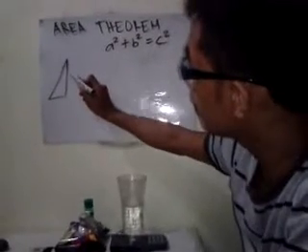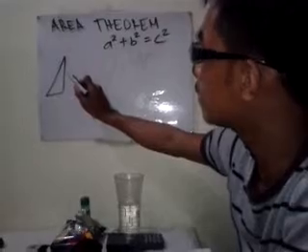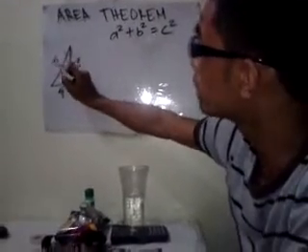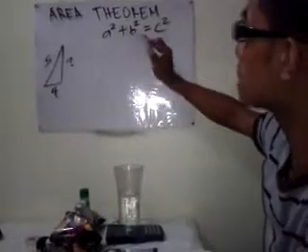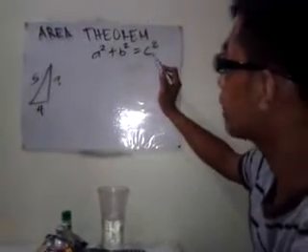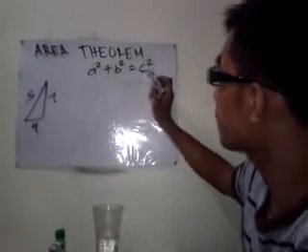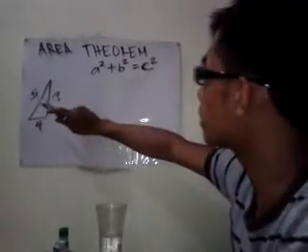This side is still unknown, and this is 4, this is 5. And we all know that c, the hypotenuse, is the longest side.